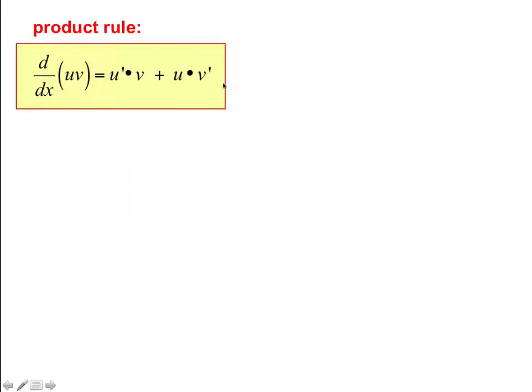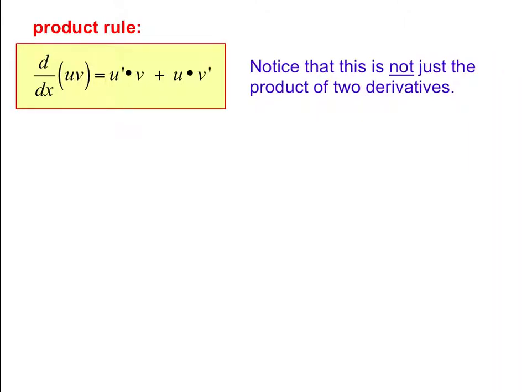This is the product rule, and we usually write this in prime notation because it's easier to write. Remember, this u prime is just basically du dx, and this v prime is dv dx. So it's not just the product of two derivatives. I want to really emphasize that. We tried that and it didn't work. We have to take the derivatives one at a time.